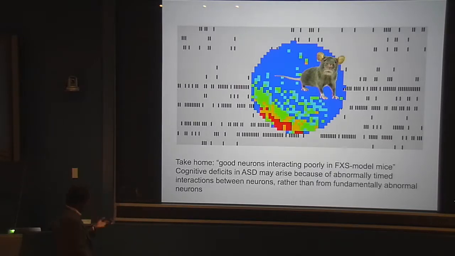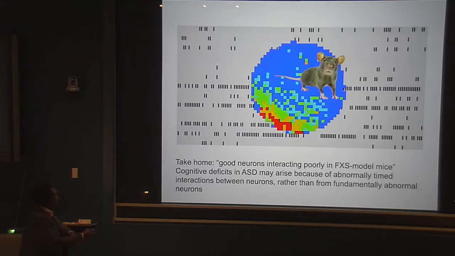And the take-home message here is really that in at least our Fragile X model mice, where we've knocked out the Fragile X mental retardation protein making gene, the neurons in this brain look like pretty good neurons. There doesn't seem to be that much wrong with the neurons when you look at them individually, despite all of the other problems you can recognize in the model.